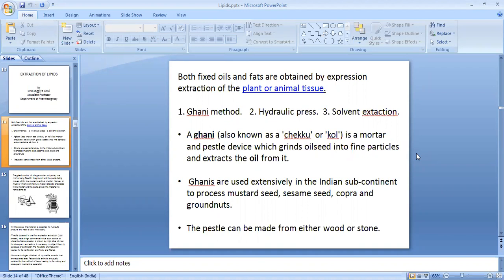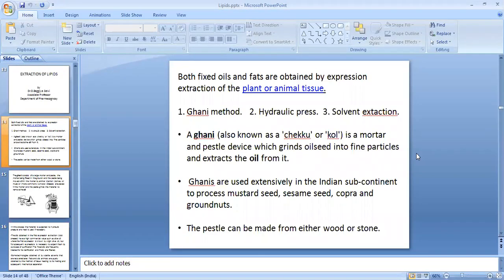So, what do you mean by expression? That is, by applying pressure, the cells are broken and the fixed oil or fat which is present inside is coming out of the cell due to the pressure. So the extraction by expressing the plant or animal tissue is done by two methods.